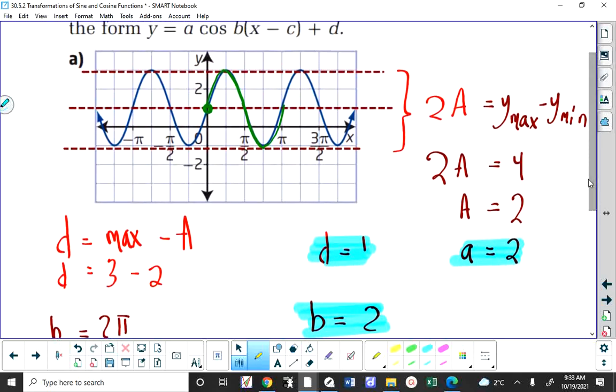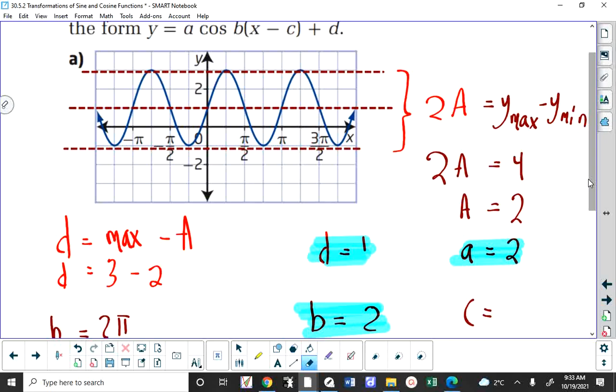Now what we do is determine the value of C by sketching what a cosine function would look like with these 3 highlighted parameters. So I'm going to sketch the cosine function.